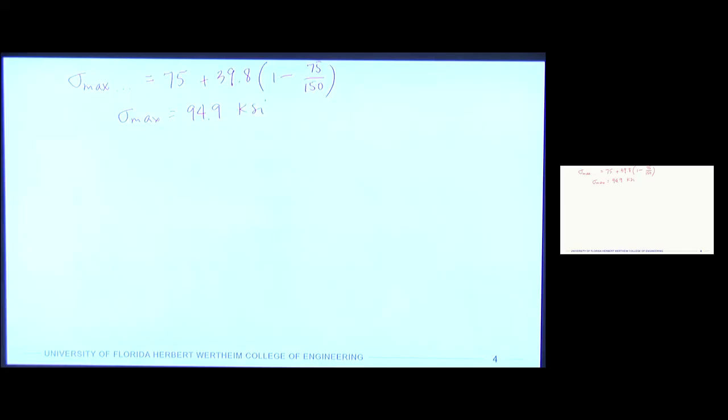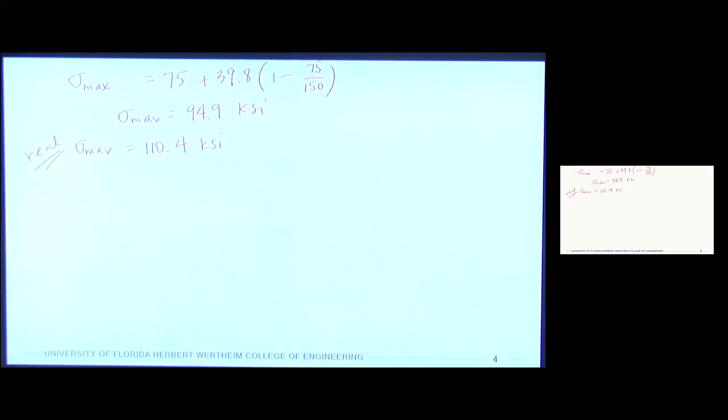Okay, good. Except our real sigma max, I'm going to write real because that's in our loading problem, was 110.4 KSI. So that makes sense, right? If we wanted infinite life, our maximum stress would have to be limited to 94.9, but it's actually 110.4.